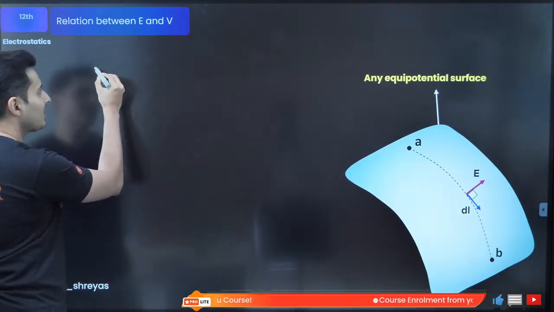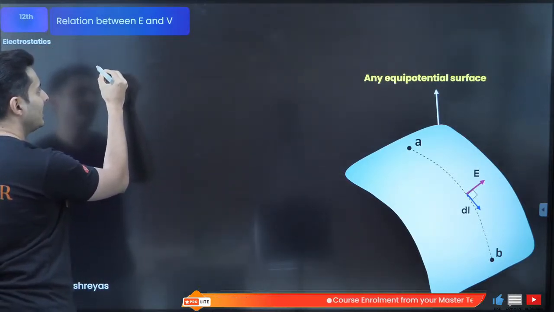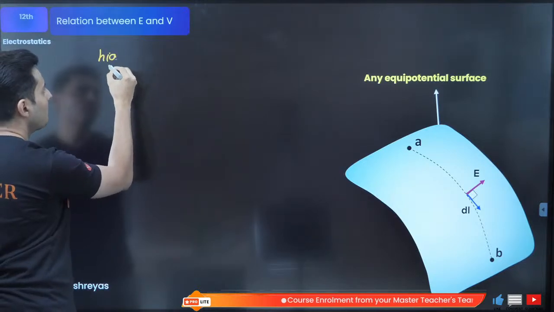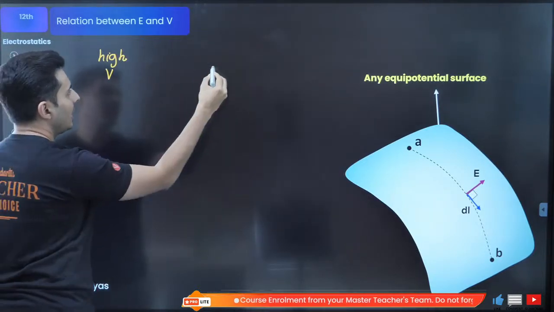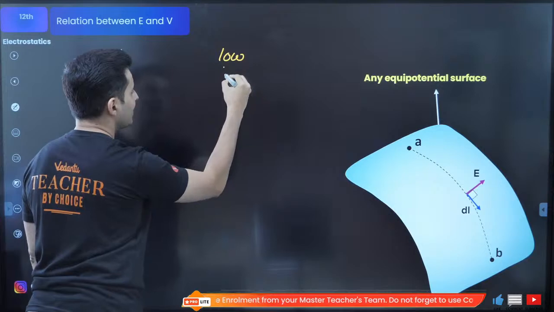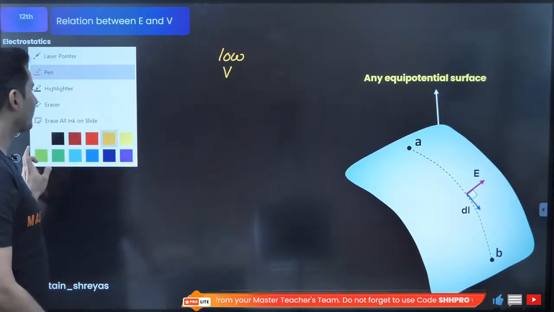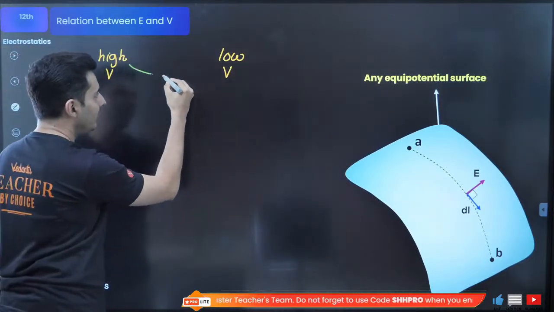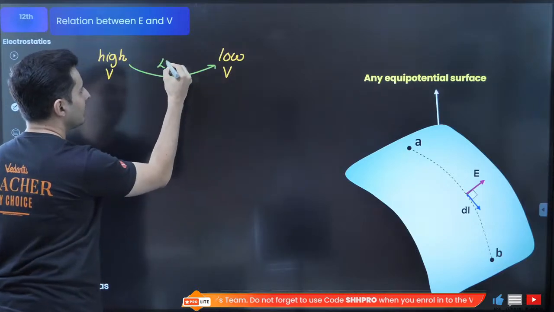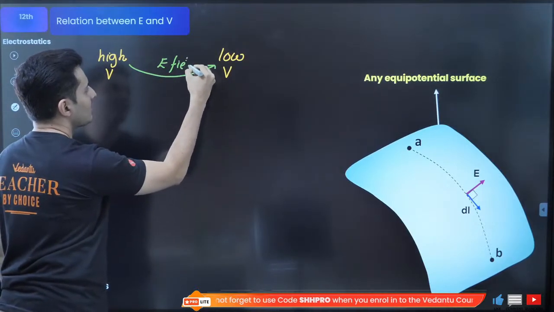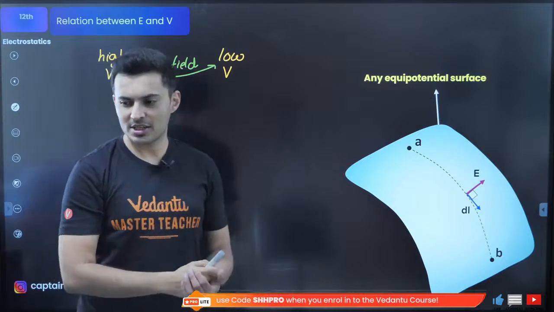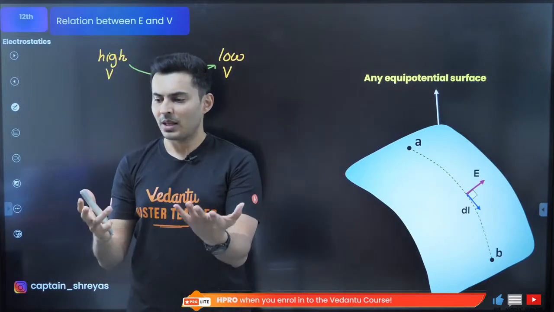So, one thing which is very important that you should know is that if you have high potential somewhere and low potential somewhere, the electric field always travels from high potential to low potential. Everybody, remember this.